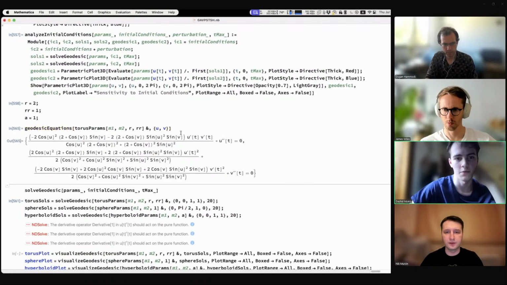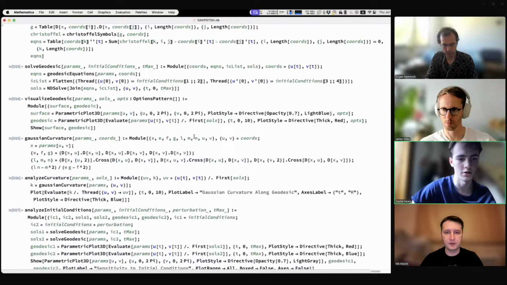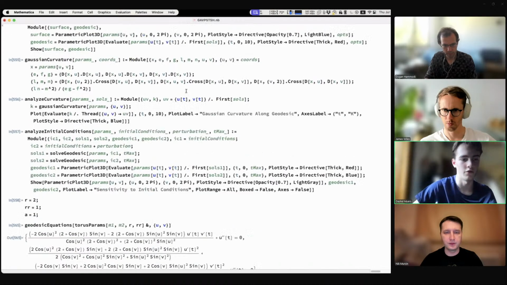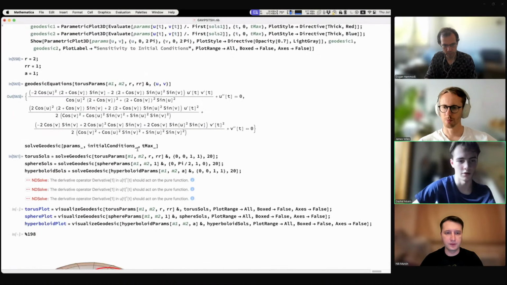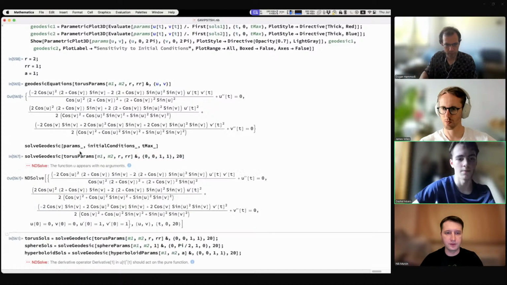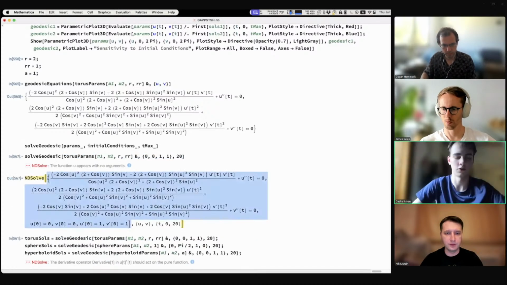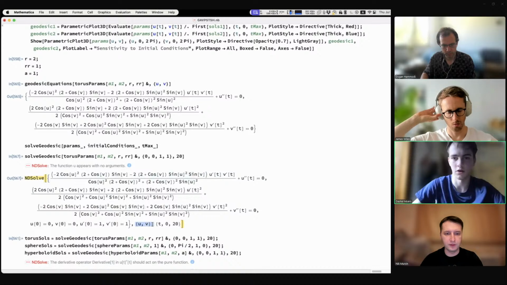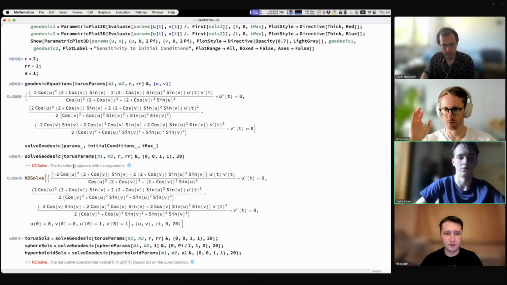Then solve geodesic is just numerically solving the equations using our initial conditions. And then visualize, that's just the 3D plots showing the parametric surface and the curve on it. That's what's in the bottom columns of the visualizations.